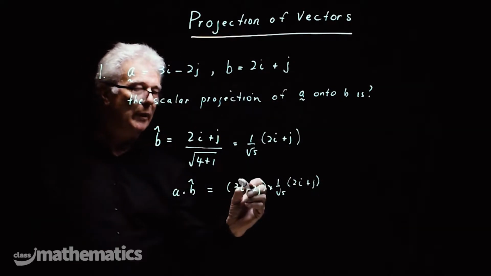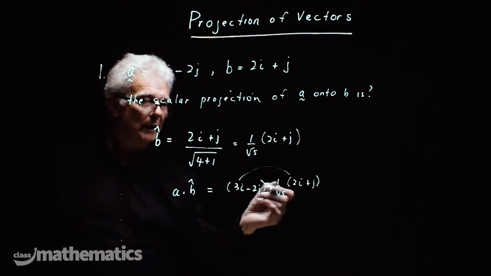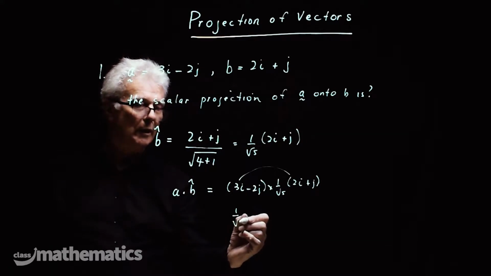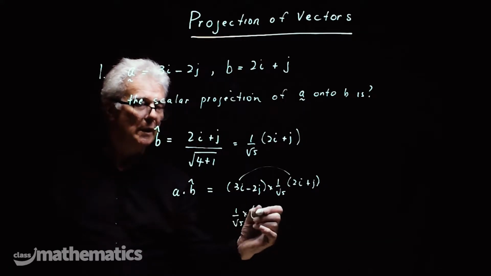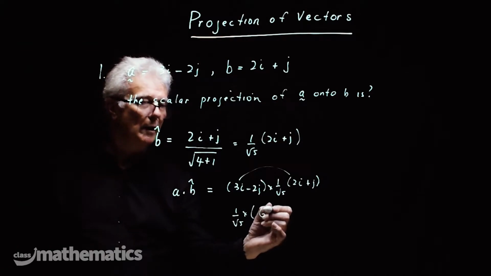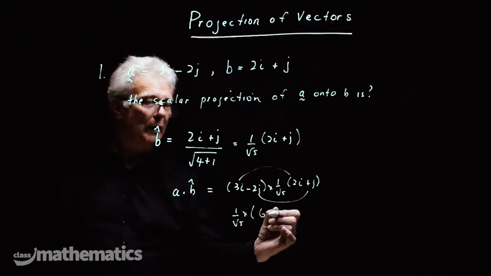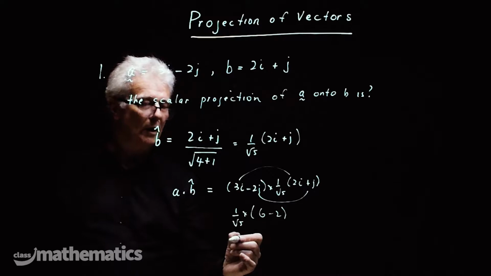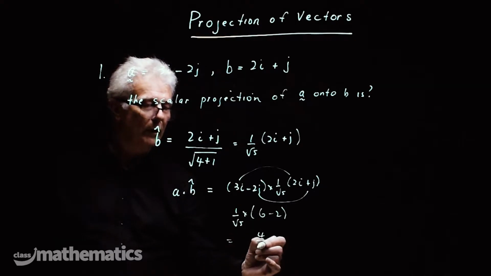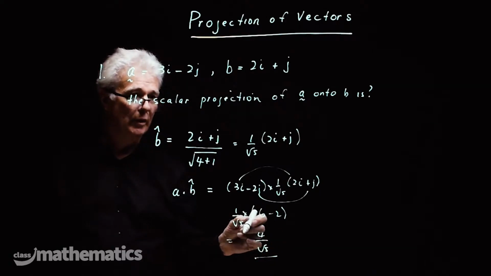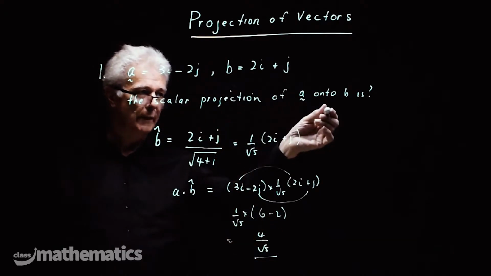So we simply multiply these together. I'll take the 1 over root 5 out the front. That's 1 over root 5 times, this will be 6, and then this one minus 2. So that's going to give me 4 over root 5. It's the scalar projection of a onto b.